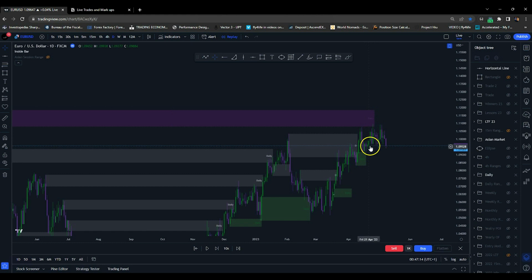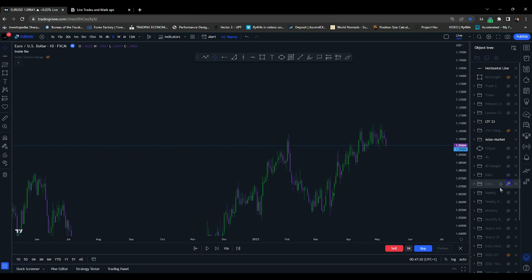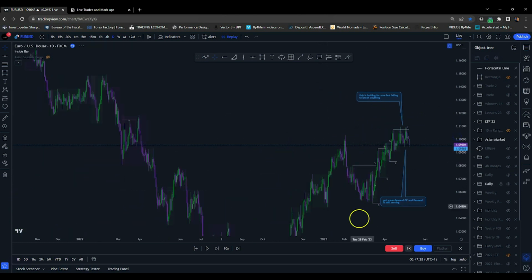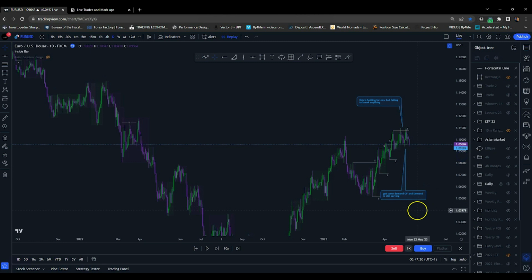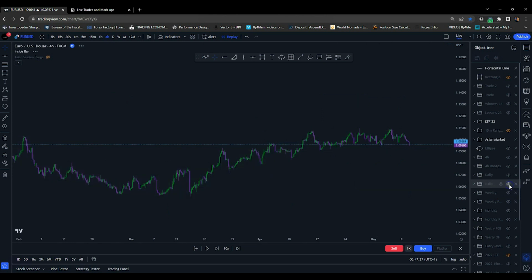We've got a bit of demand order flow, but it's also failing to break the highs. But we are still pro daily range order flow and daily swing structure in favour of demand. So demand is still currently serving on the daily. So happy to look for longs.